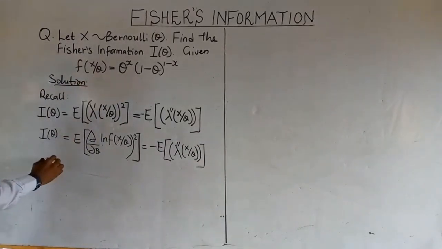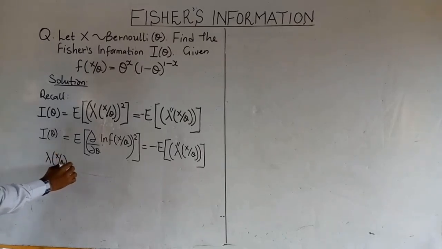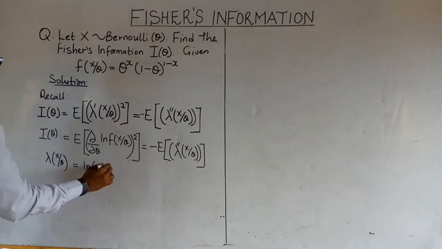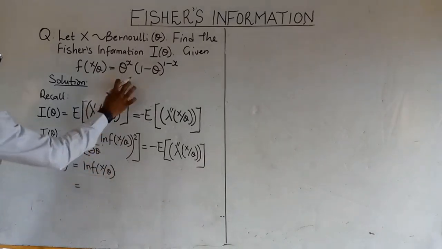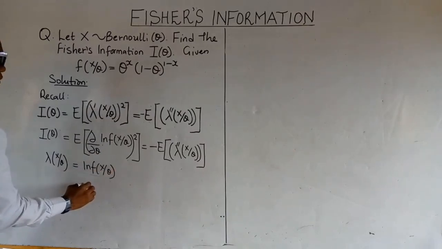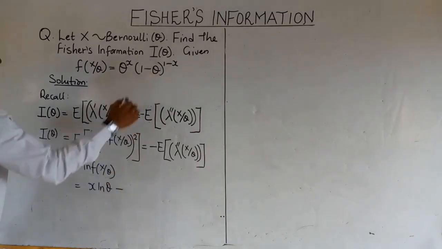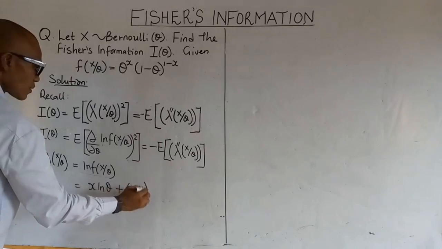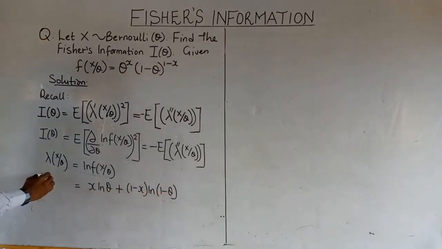Since we are given this function, we take the log function of this first, to give x log theta plus 1 minus x log 1 minus theta. So this is what we get.